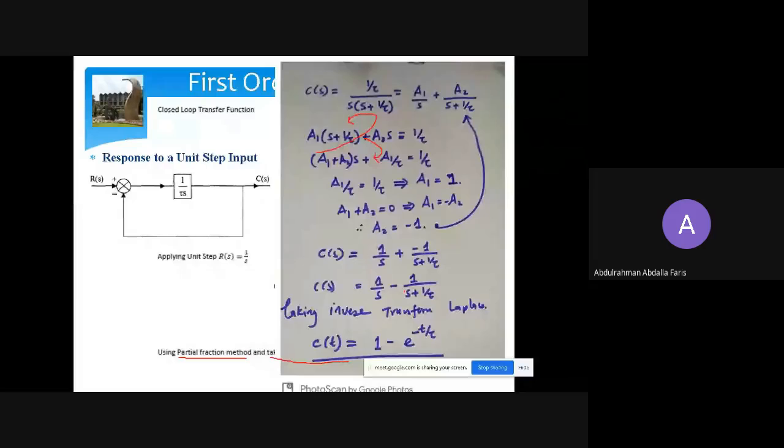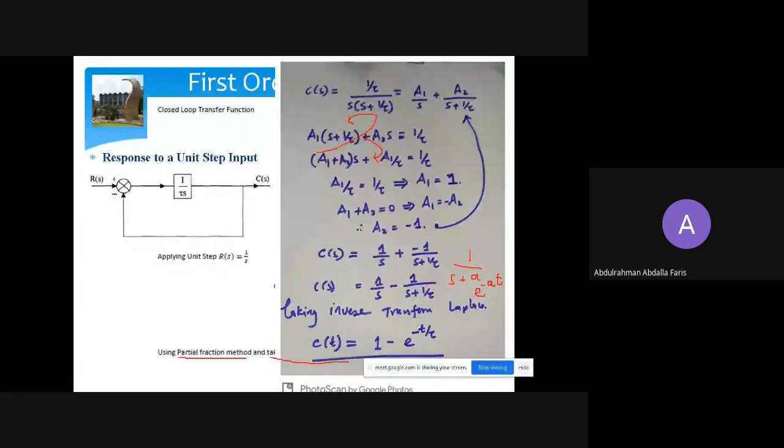Taking the inverse Laplace transform, we know that 1 over s is just 1, and whenever you have something like 1 over s plus a, its Laplace inverse in the time domain is given by that.